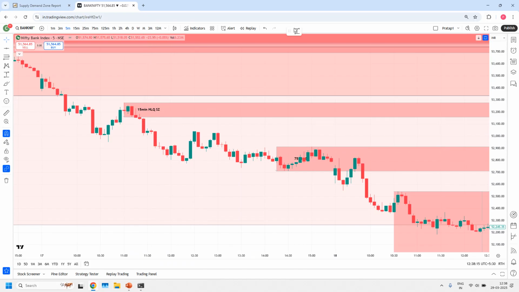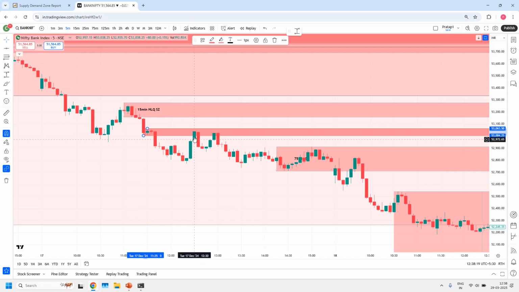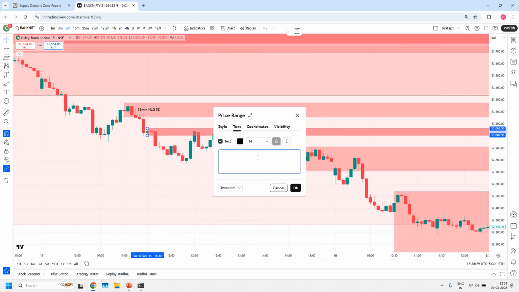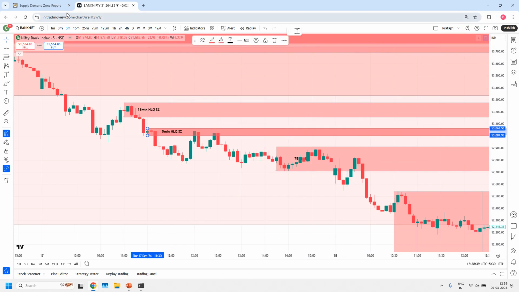Drop, base, drop. See, first time, second time. So this is a 5 minutes high liquidity supply zone. And here you have a fine-tuned zone.